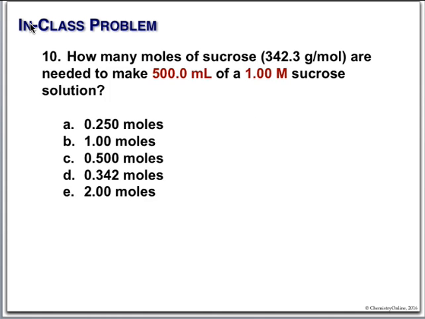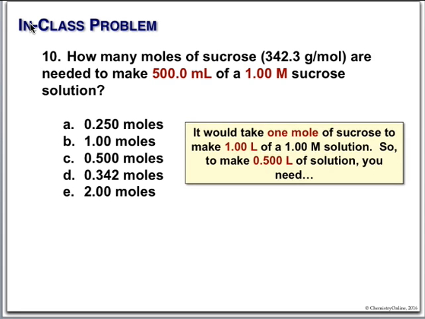All right, we have a 1 molar sucrose solution. We want to know how many moles of sucrose we need to make 500 mils of a 1 molar solution. All right, if we wanted a 1 molar solution, we would have to take 342 grams, that's 1 mole, and dissolve it in a liter, right?